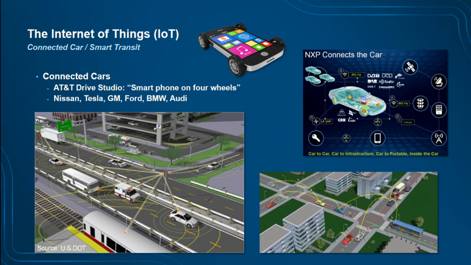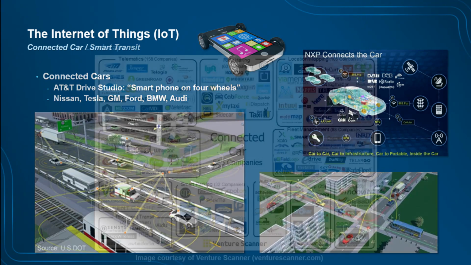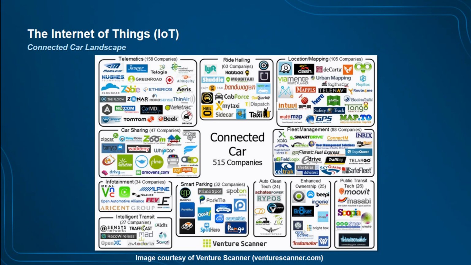Then you can send it over the internet somewhere, and you can detect the health of the vehicle, fuel consumption, and so on and so forth. Players in the connected car arena, this is an example of the list that people put together.